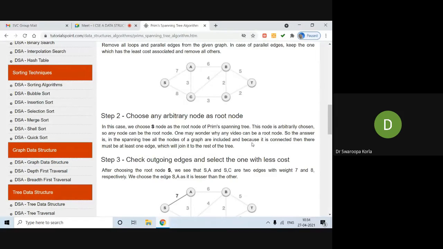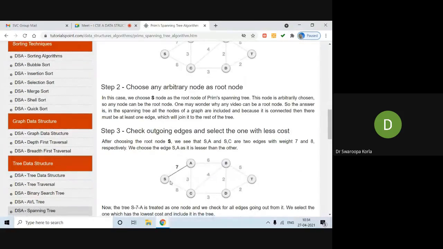No issue. If I am selecting S as the root node in this case, you may select D or T or C, anything. Depending on the root node you select, you have to keep on adding the edges.